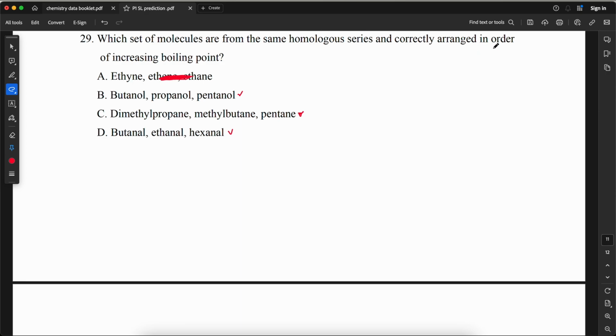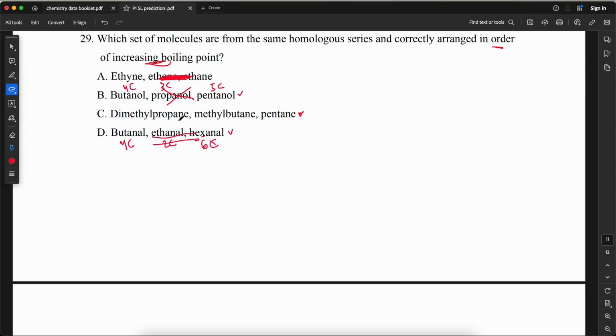But the problem is in order of increasing boiling point. The longer the chain, the stronger the London dispersion force, so the higher the boiling point. So here, butanol 4C, propanol 3C, pentanol 5C, not in the order, not the answer. Butanol 4C, ethanol 2C, hexanol 6C, not in the order.